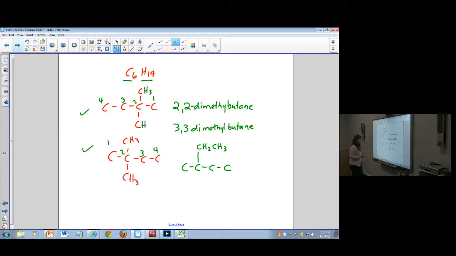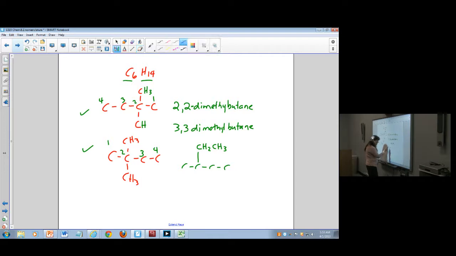Is this going to be an isomer? Well, the answer is no. And why? Because I haven't counted my longest continuous chain. I might look and think this is 4 carbons long because it's in a straight line, but I would be all wrong here.